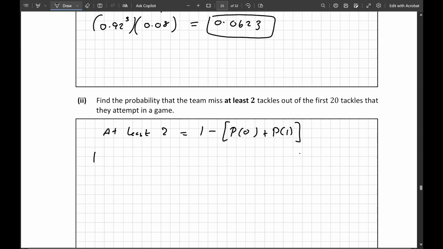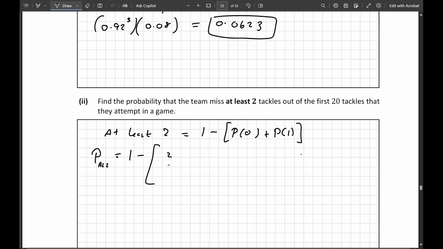Okay, brilliant. So that, which I'll just call P at least 2, equals 1 take away. So for P0, it'd be 20 choose 0 times the probability of successes.